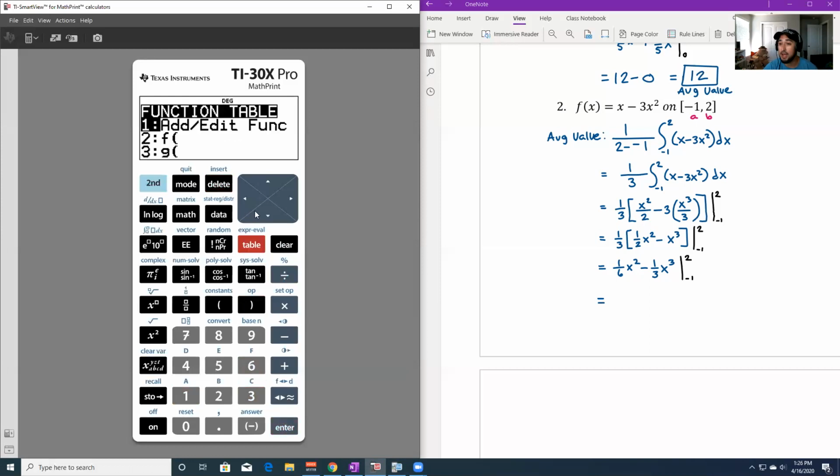So if you do not have the integral functions, when you use your table, what we're going to do is fraction 1/6 x squared minus fraction 1/3 x cubed. There it is. 1/6 x squared minus 1/3 x cubed.